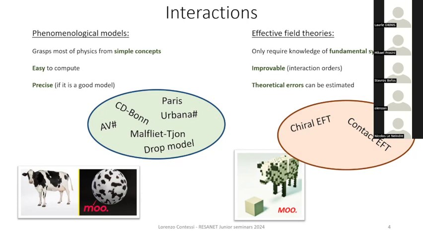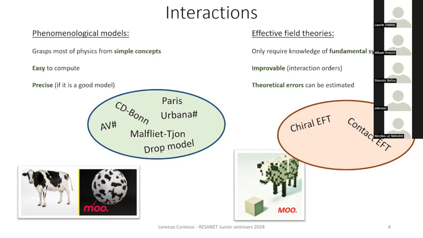So this is one of the reasons why people started to work with effective field theories. Effective field theories have another concept. They start from a different philosophy. You don't try to describe your interaction from a priori principles. You have the symmetries of the fundamental theory, and from that, you try to build an interaction with some kind of expansion, improving it in orders.